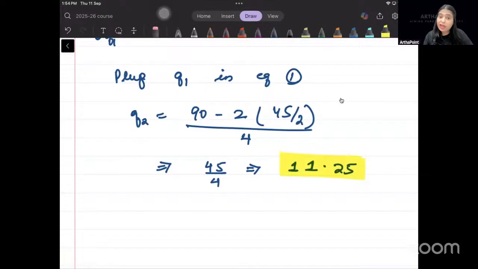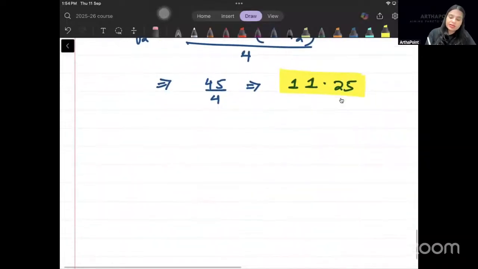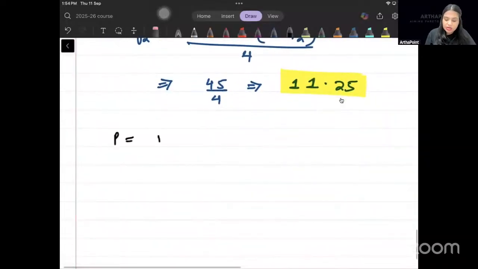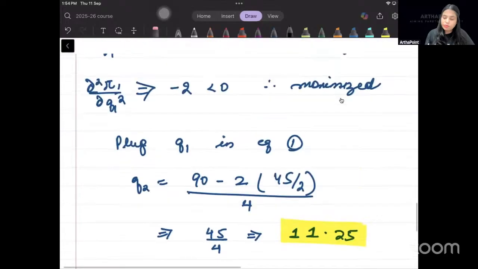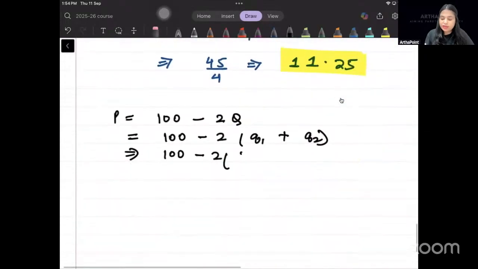So we have found out the quantities of both the firms. Now let's find the price. So price is 100 minus 2Q, 100 minus 2 times Q1 plus Q2. 100 minus 2, beta, Q1 was 22.5, and Q2 is 11.25.